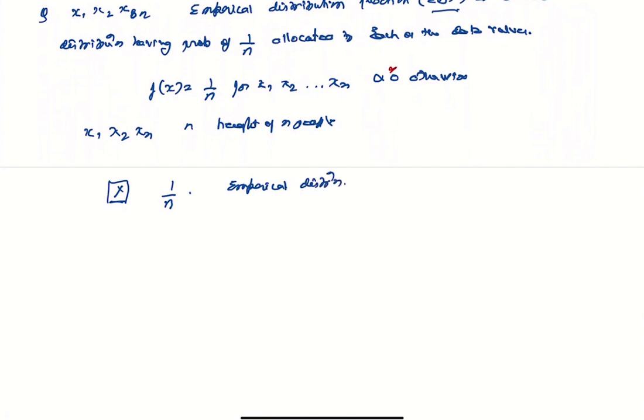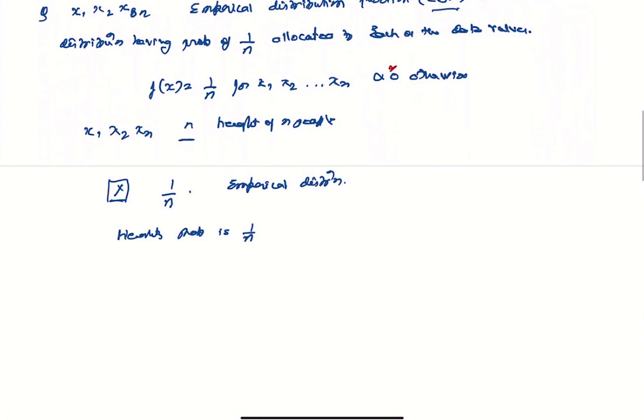So we have n number of people, and each one has a height, and the probability is 1 by n.